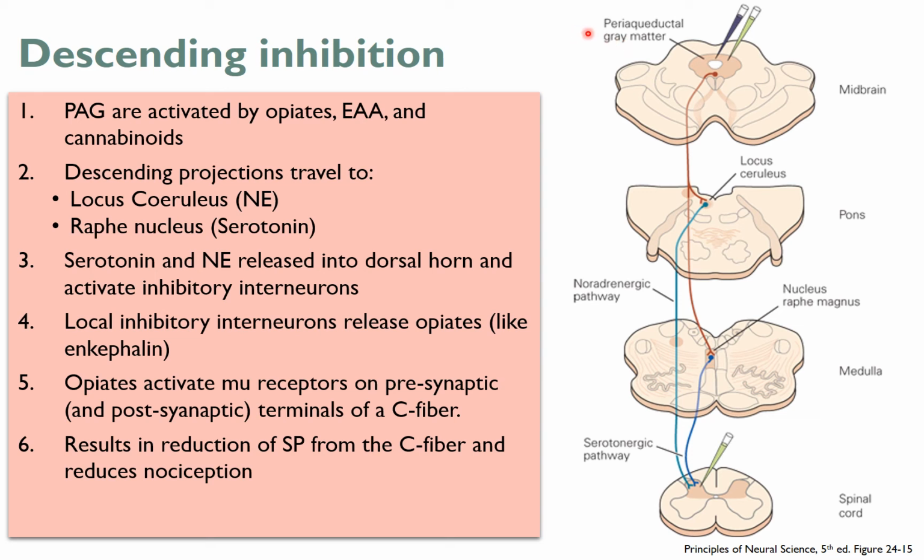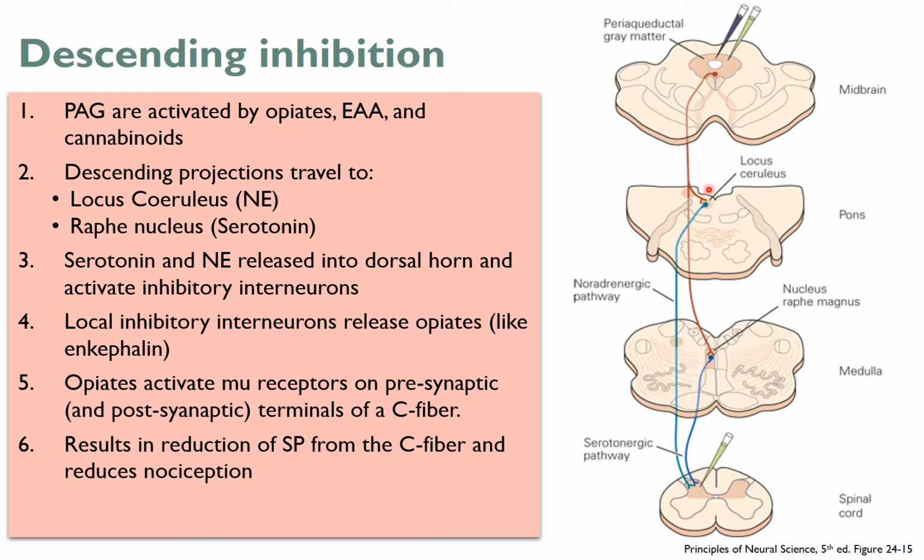So we have these signals that activate the PAG. The PAG sends a branch on down through the spinal cord to one of two regions. It can go to the locus coeruleus or it can go to the raphe nucleus.